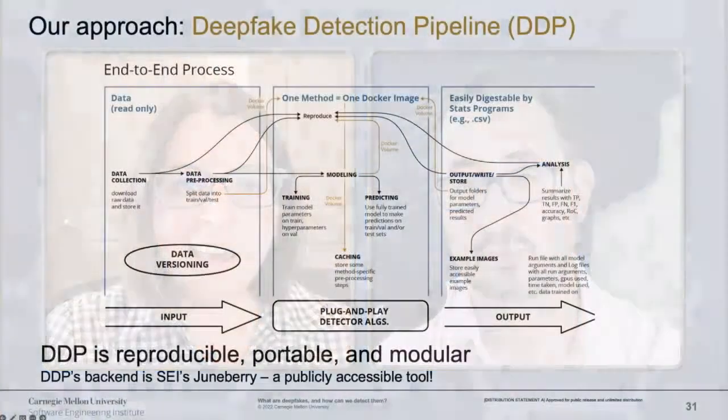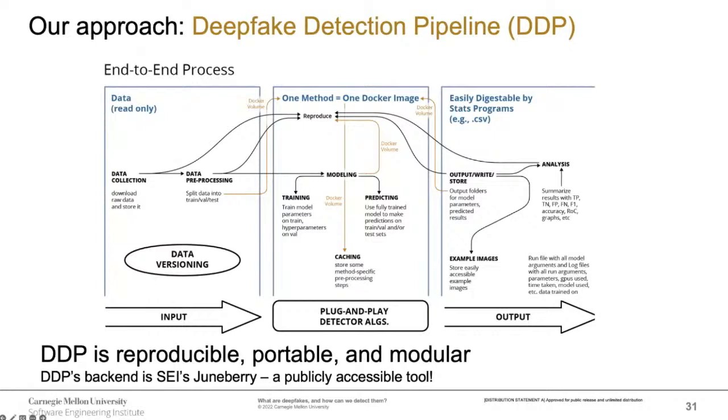So we do have to plug our work, what Dom and I and our team have been working on at the SEI. We are developing this Deepfake Detection Pipeline, which we call the DDP. It's an end-to-end process where we take in different data. We send that data along with all sorts of different methods, from PyTorch, TensorFlow.